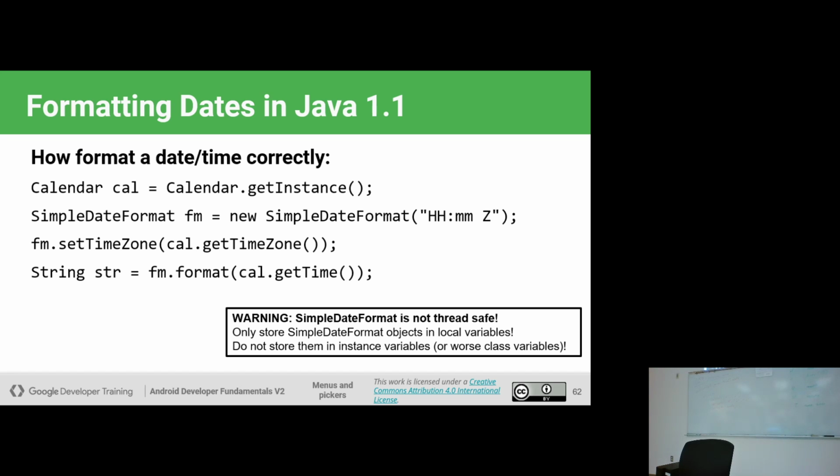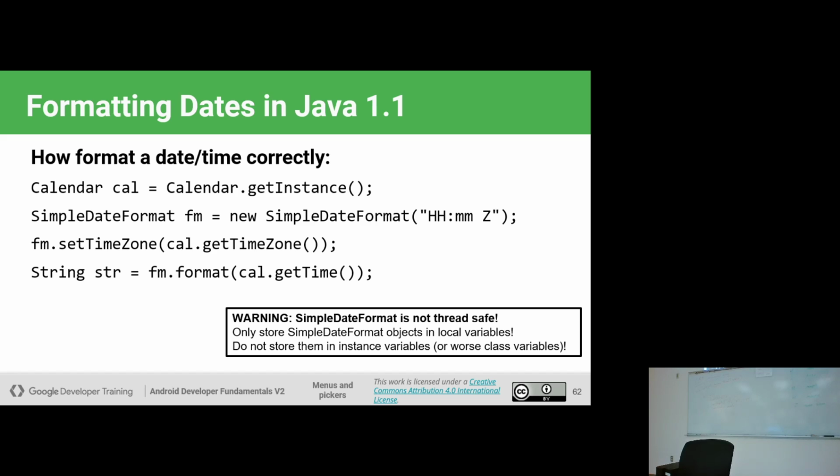And we actually had that very problem in an Android application where we had a bunch of simple date formats. We assumed, okay, here are the 3 standard formats that we're using for an entire application, so let's put those in static variables, because we're going to reuse those formats.